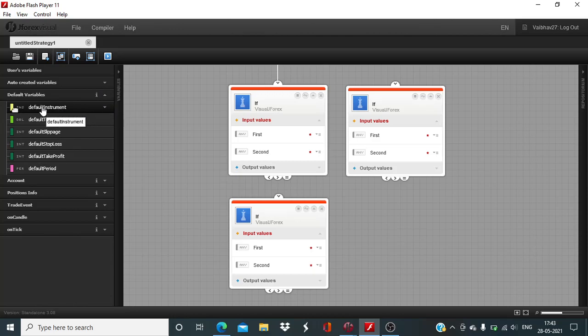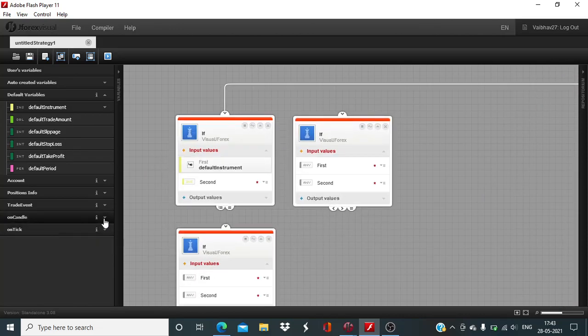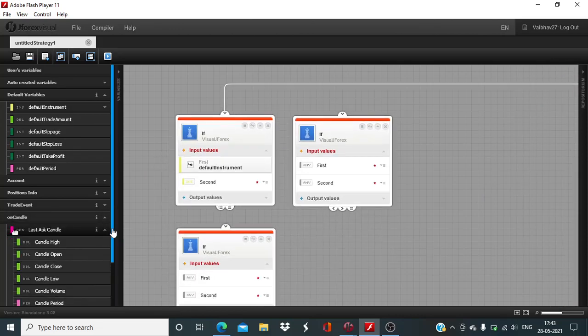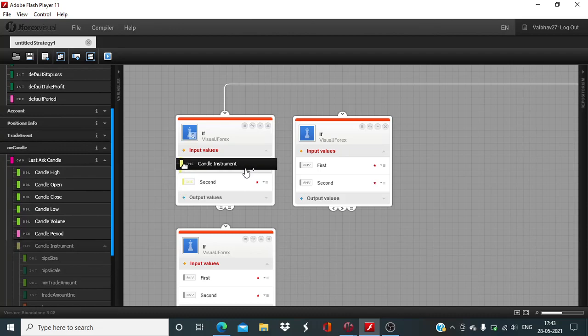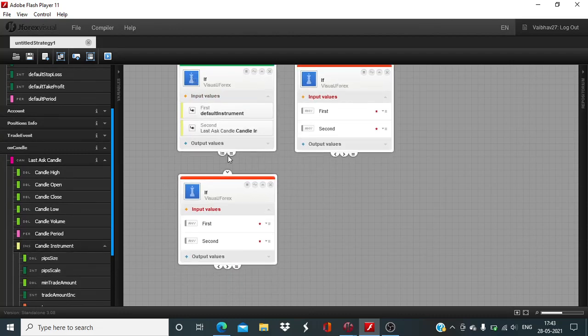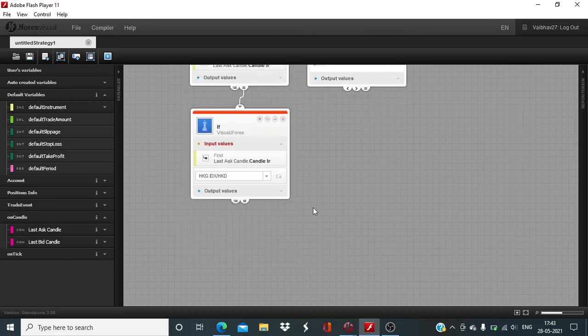We will use this default instrument, and this time around we are working with the on candle as a start point. So we need to match the last as candle instrument, and here I will define the instrument using this feature.